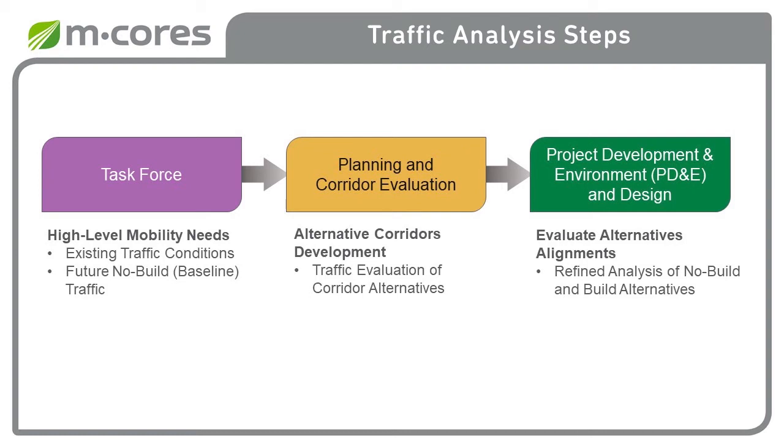In the planning and corridor evaluation step, corridor alternatives will be developed using many inputs, including daily traffic volumes. During the project development and environment and design step, a more refined traffic analysis of no-build and build alternatives will be completed.